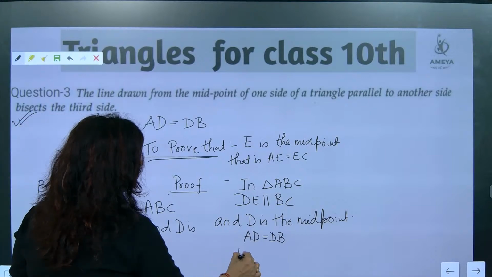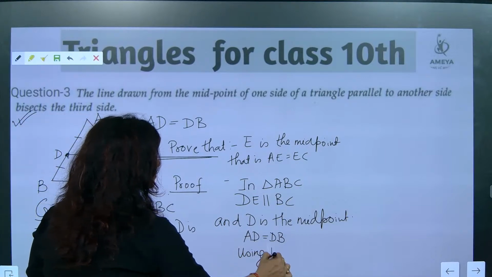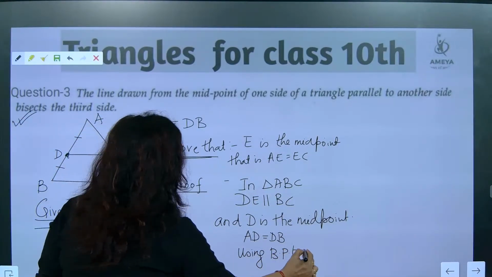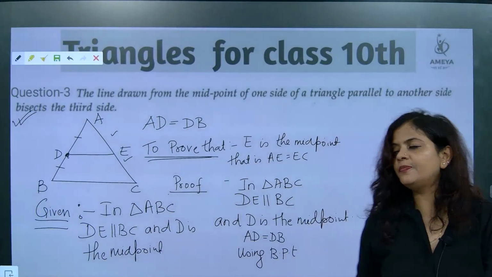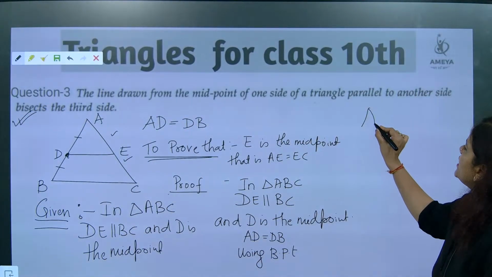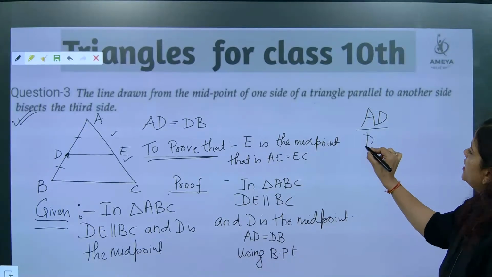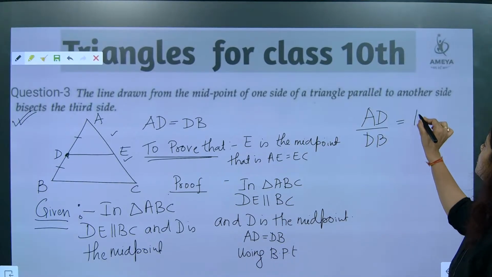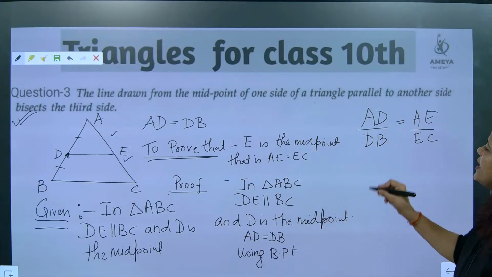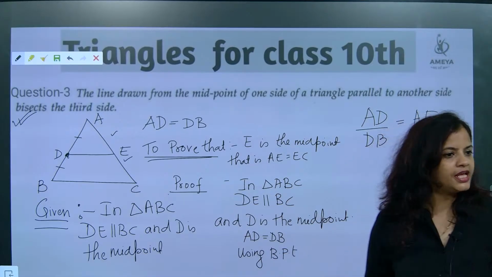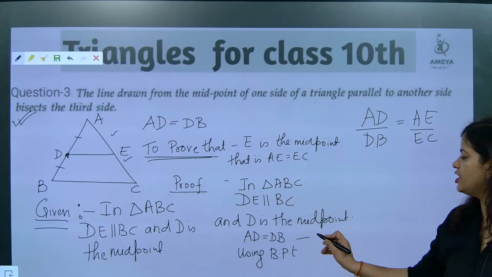Now, using BPT, when you use BPT, this side by this side, what is given? What are you going to write? AD by DB is equal to AE by EC. Correct? Now, beta, already AD is equal to DB.